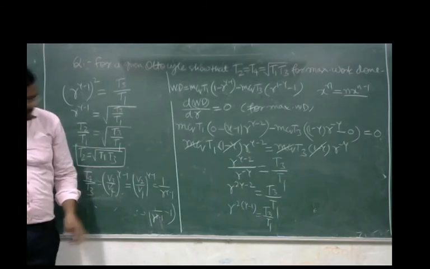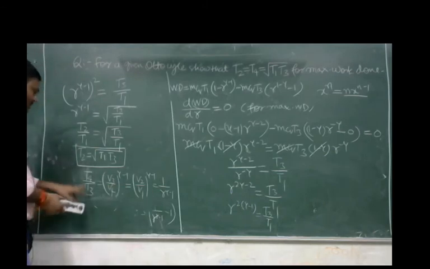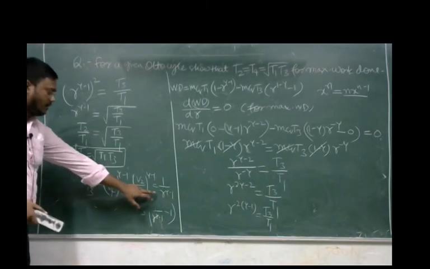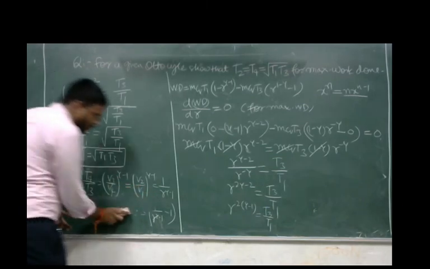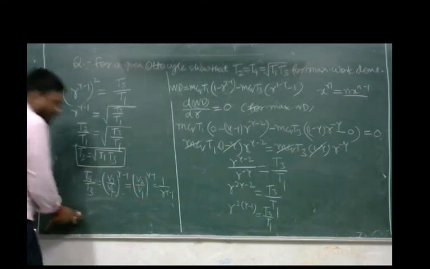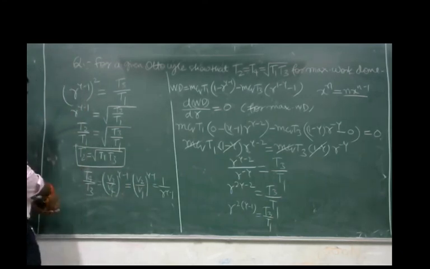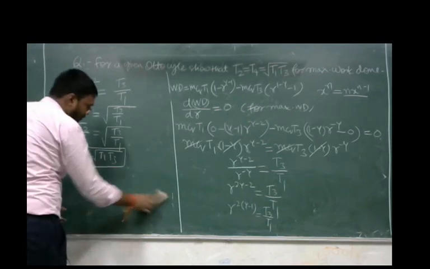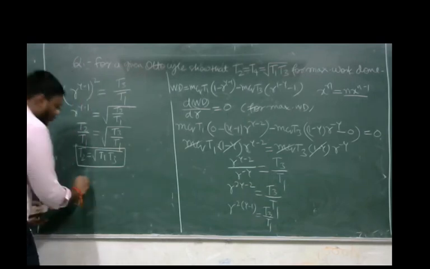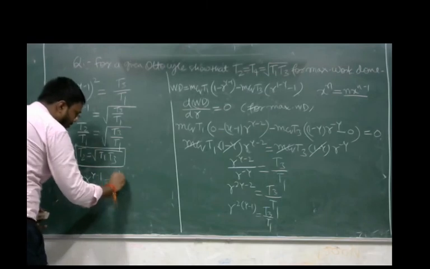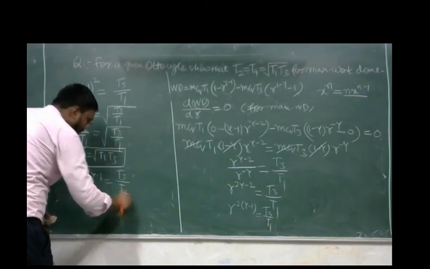From this equation, which we discussed just earlier, we can say that R to power gamma minus 1 equal to T3 by T4.